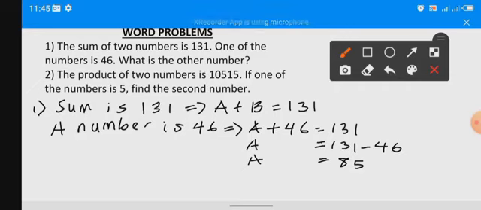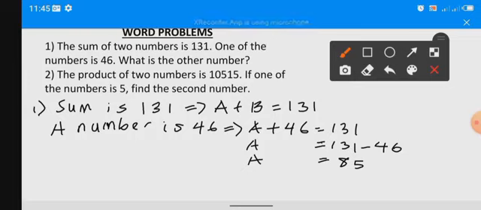Now let's look at that first statement. It says the sum of two numbers is 131. Now these two numbers are not known. In mathematics, whatever values are unknown, you represent with letters.